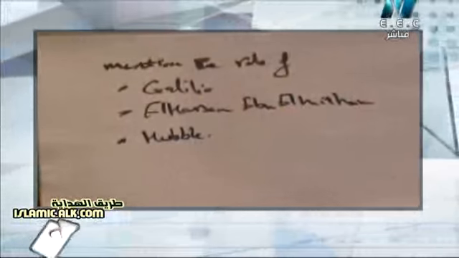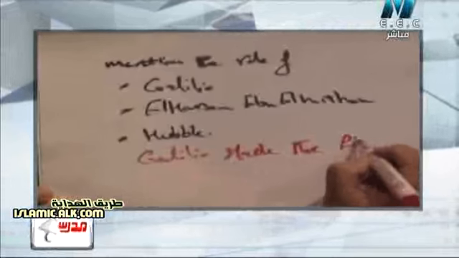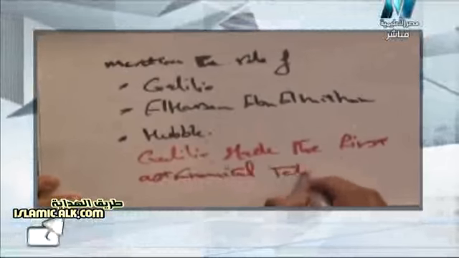Okay, mention the role of the great scientists Galileo, Al-Hassan ibn al-Haytham, and Hubble. We can say that Galileo made what? Galileo made the first astronomical telescope. Okay, Galileo made what? Made the first astronomical telescope.